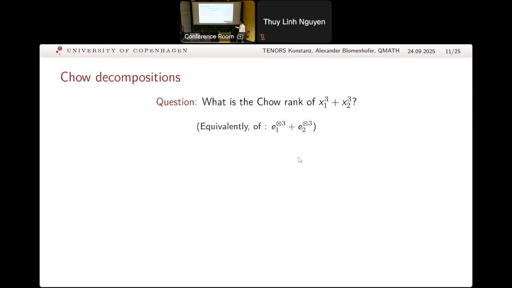So what is it? Certainly, this is at most 2, because we wrote it as a sum of 2 products of 3 linear forms. And then the question is, can this be written in some strange way as a product of other linear forms?